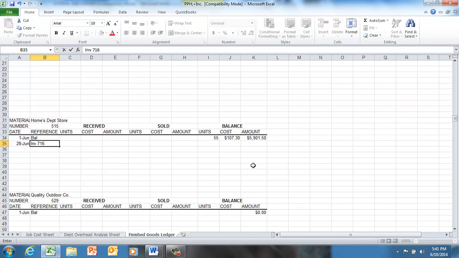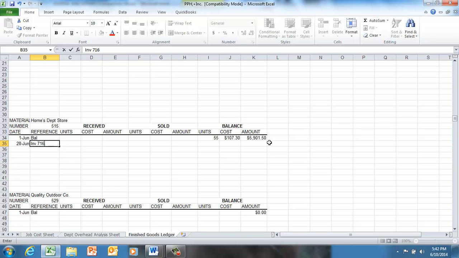So right now, in the warehouse, before this transaction, we have 55 units that cost us to make $107.30 a piece. And so 55 times 107.30 is $5,901.50. That's the balance of the cost that we have sitting in the distribution warehouse, in the finished goods inventory account.